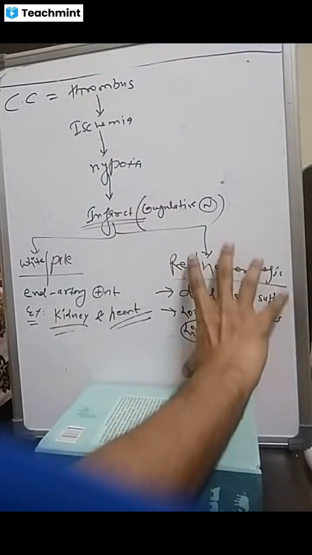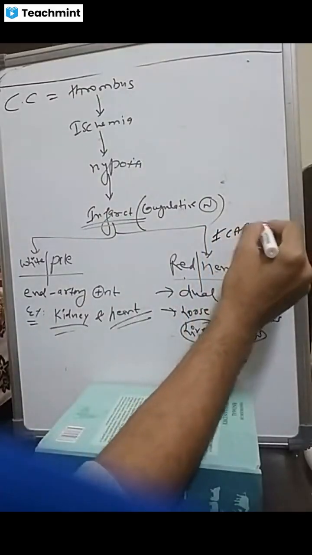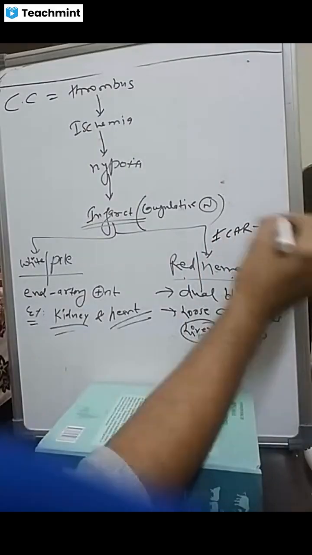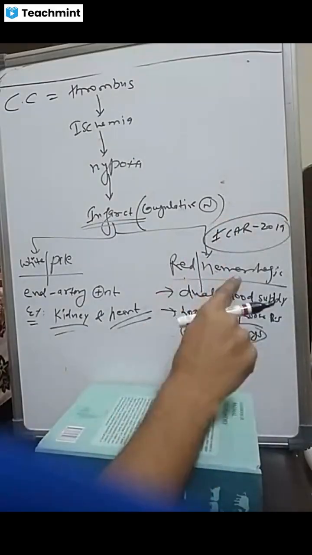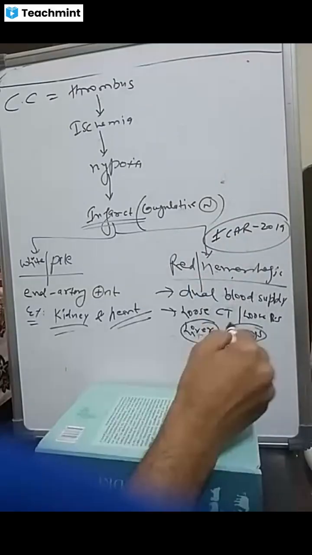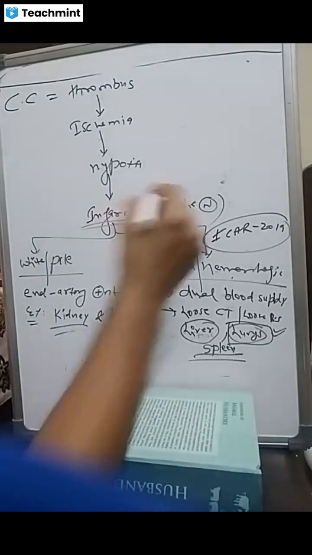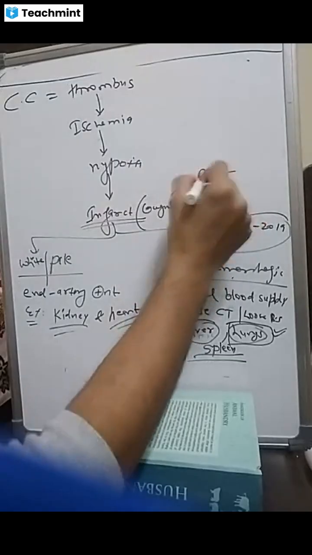Red hemorrhagic infarct was asked in ICAR 2000, and the answer was lungs because they have dual blood supply.